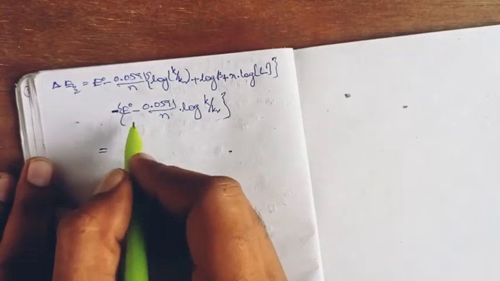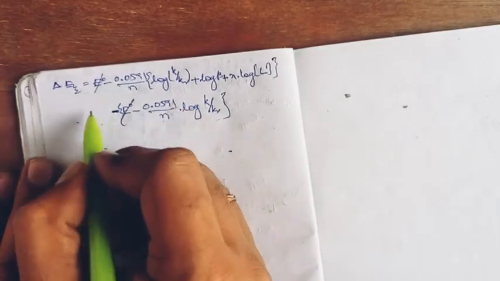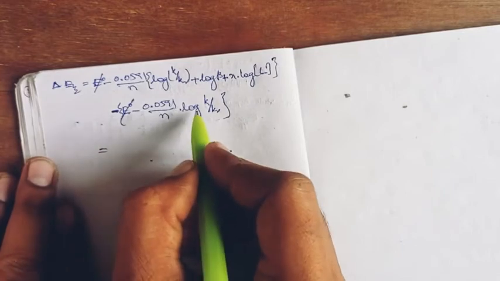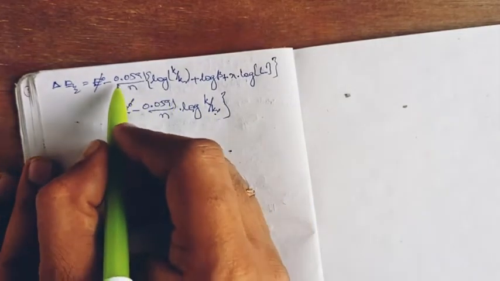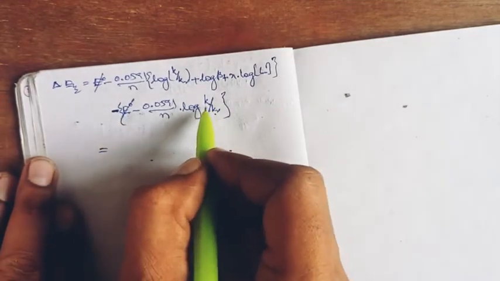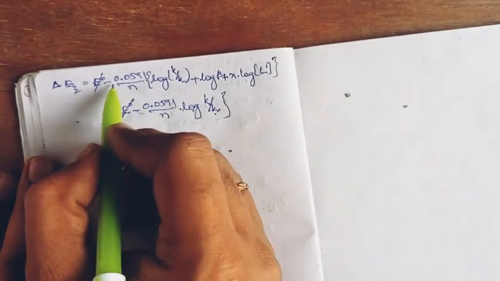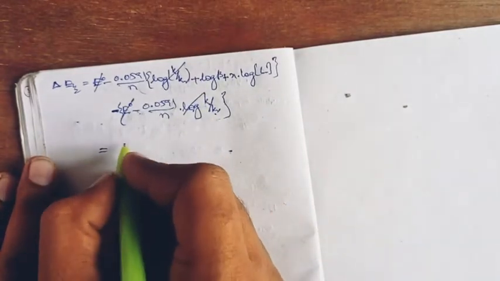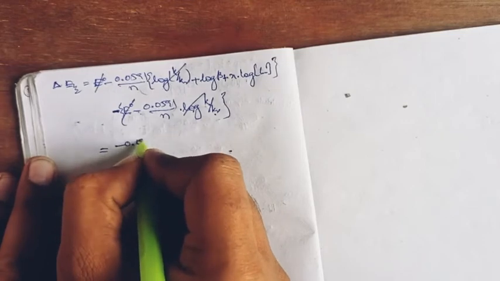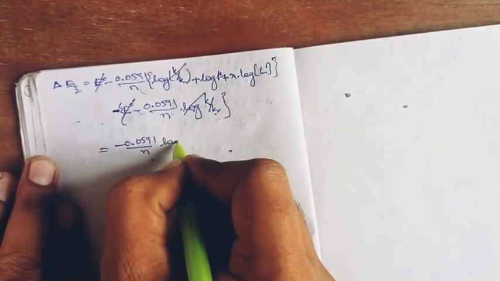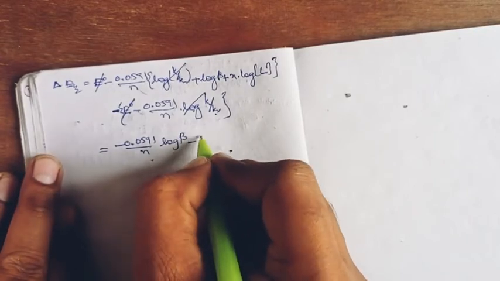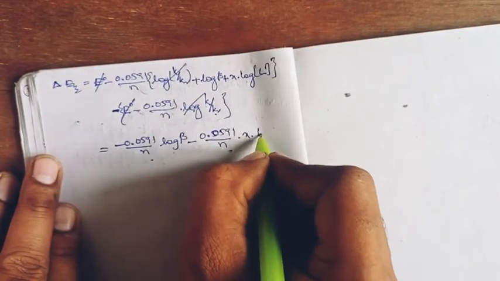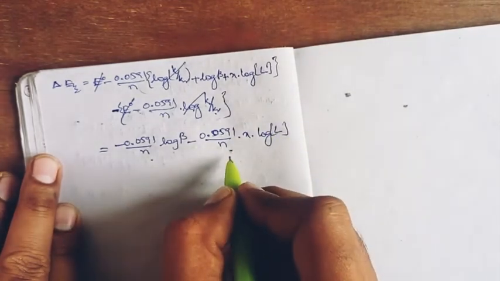The positive E naught and negative E naught get cancelled, and the term of log k/kr also gets cancelled. It results in minus 0.0591/n into log beta minus 0.0591/n into x into log L. It remains this.